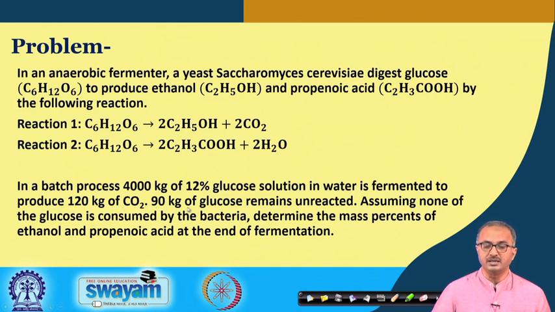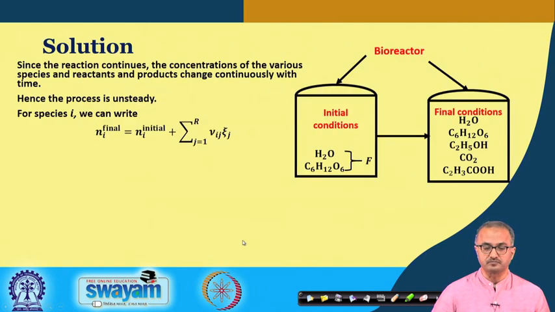Now, 90 kg of glucose remains unreacted. Assuming none of the glucose is consumed by the bacteria, that means the bacteria are not eating up any of the glucose, everything goes to produce these two compounds. Determine the mass percents of ethanol and propionic acid at the end of the fermentation.